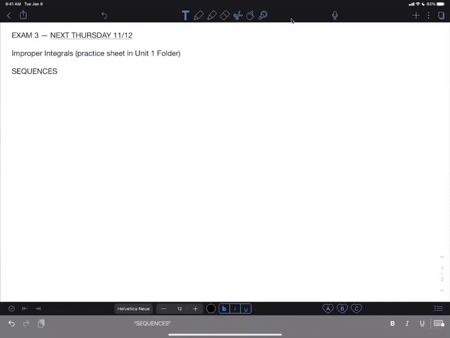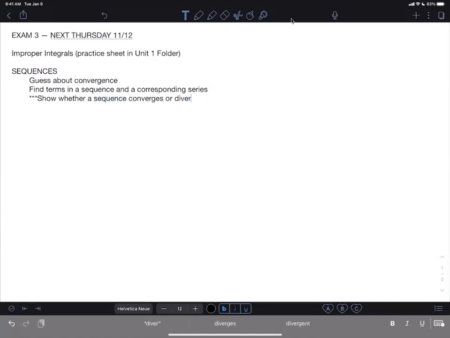So sequences, you need to be able to guess about convergence and then find terms in a sequence and a corresponding series. The big thing is you need to be able to show whether a sequence converges or diverges. And then if it converges, find its limit.